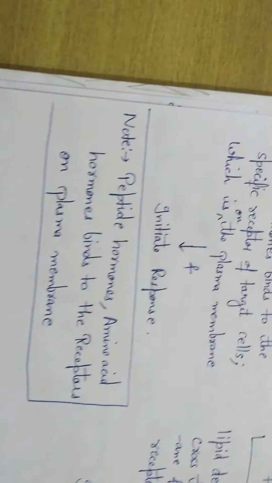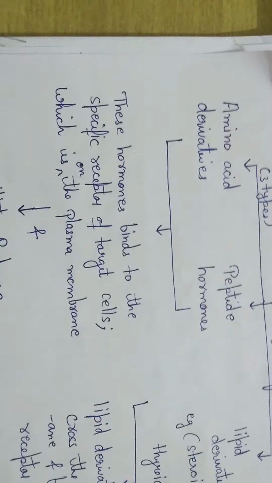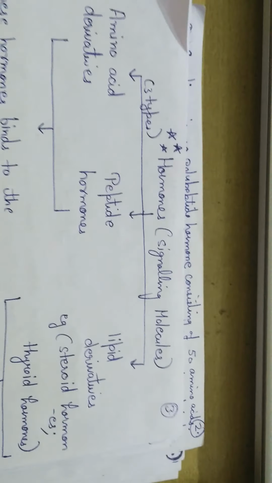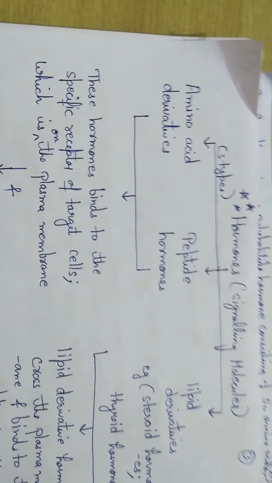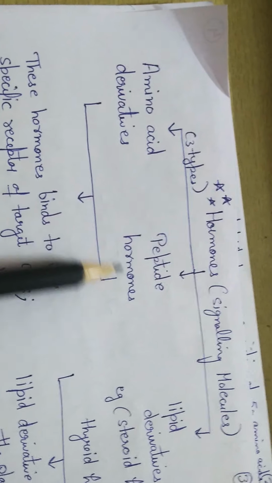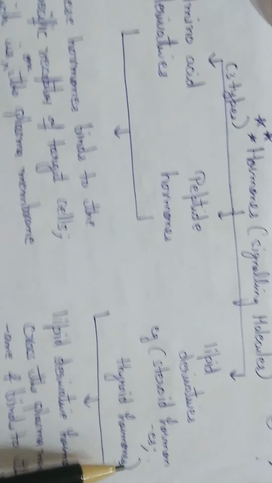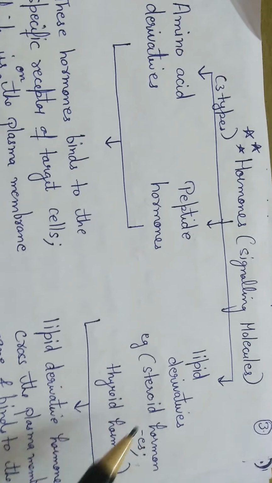Okay, and then this is the classification. I have a beautiful classification of hormones. If I look at this classification, hormones are of 3 types. Number 1 is the amino acid derivative, the second is the peptide hormone, and the third is the lipid hormone. Steroid hormones and thyroid hormones are the lipid hormones.